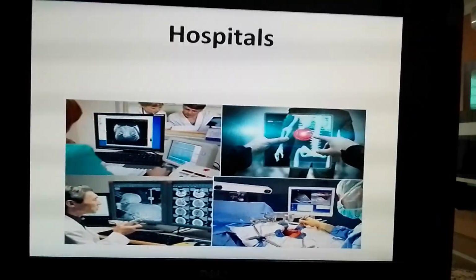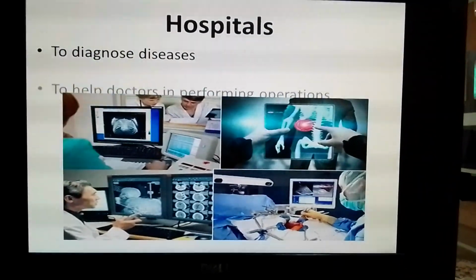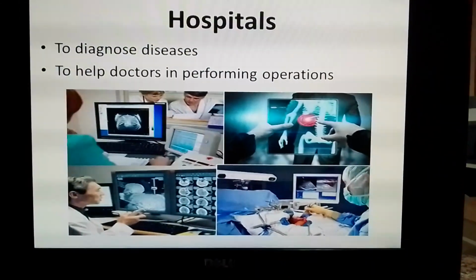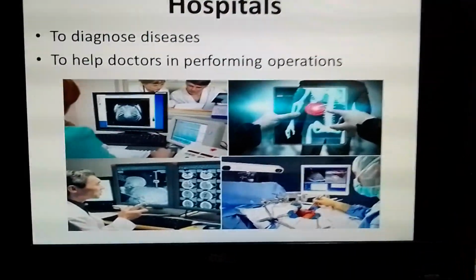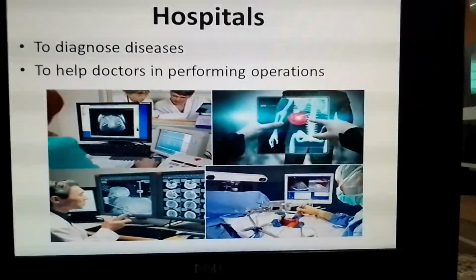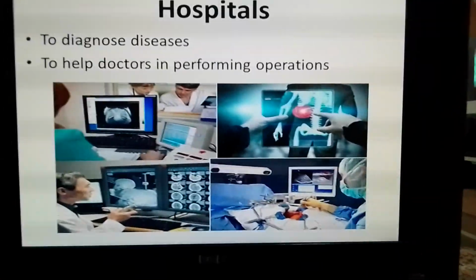Another use of computers in hospitals is to diagnose diseases and to help doctors in performing operations. On computers, doctors may study scanned reports and X-ray reports.